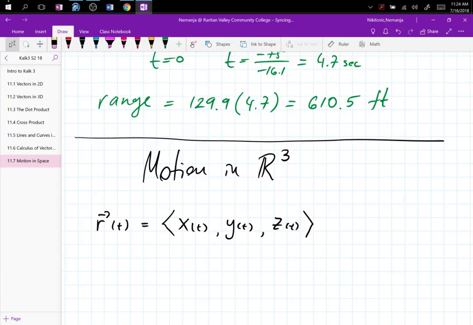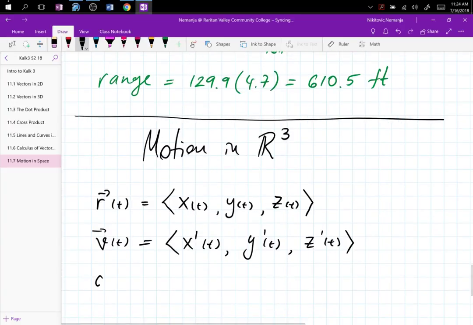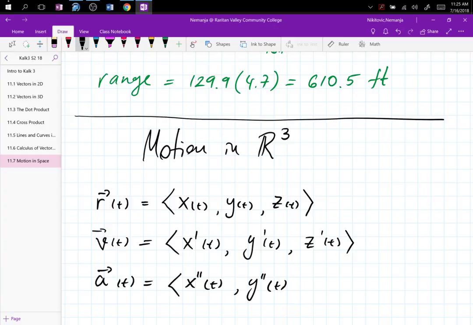So we have our x, y, z of t, and then from there your velocity would be the derivatives of these. And your acceleration would be the second derivative of each one of those. Again, you should be able to take some calculus 1 derivatives to work with that.